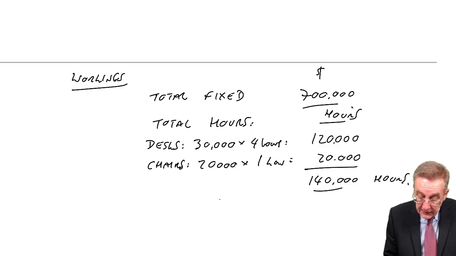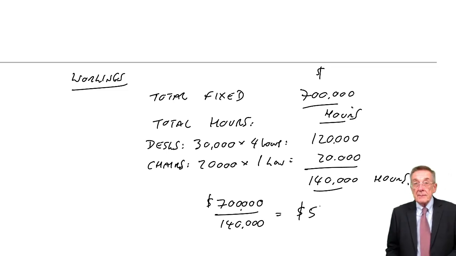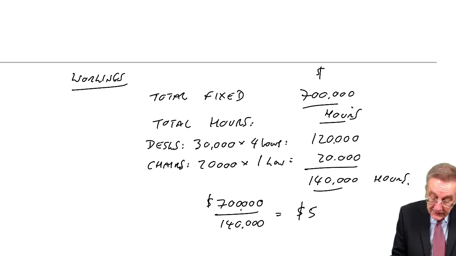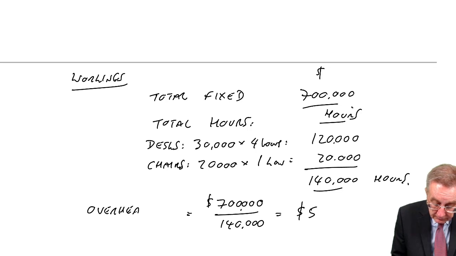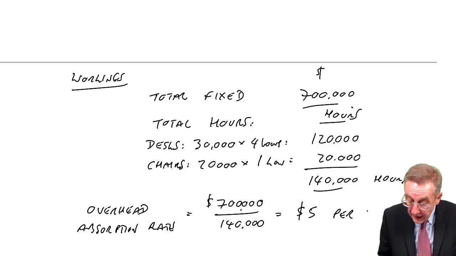The cost per hour, $700,000 over 140,000 hours is what? $5. And there is our overhead absorption rate. It's $5 per labour hour.